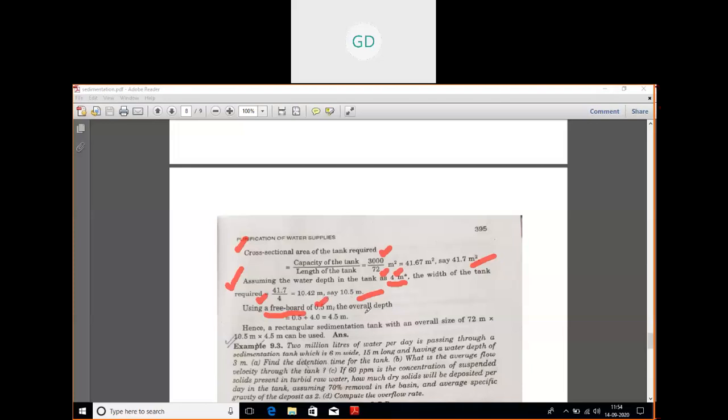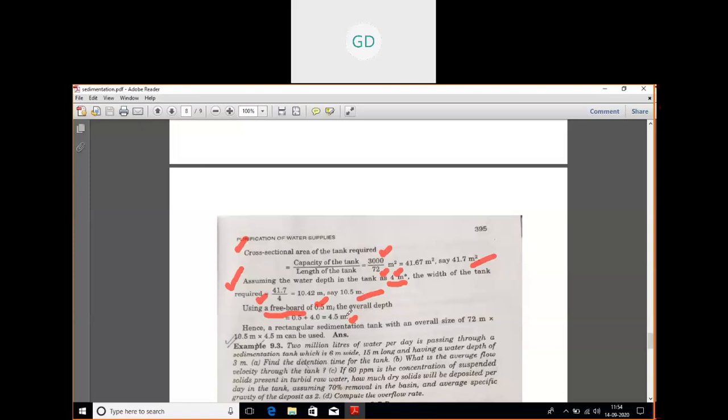So while designing, you need to add the depth of the water tank plus the freeboard. You add 0.5 as freeboard and 4 meter as the depth of the tank, and the total overall depth will be the addition of both.